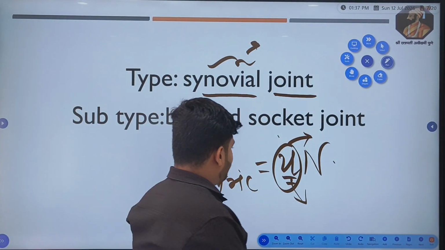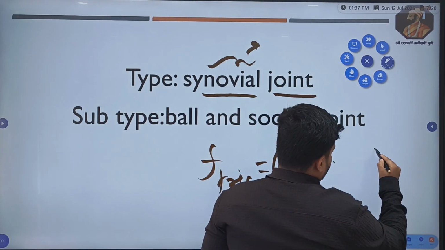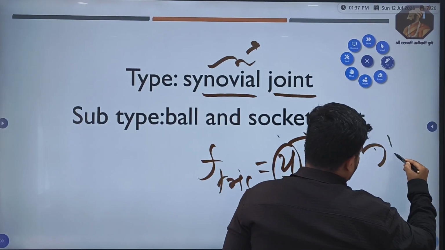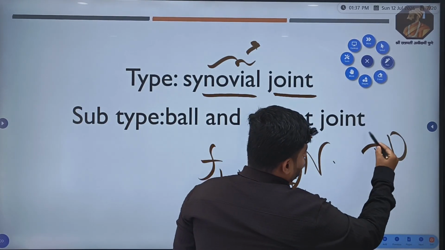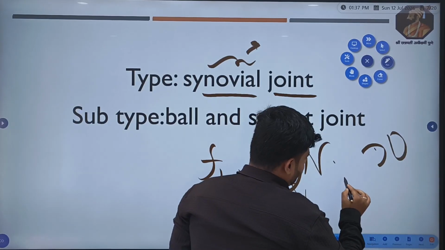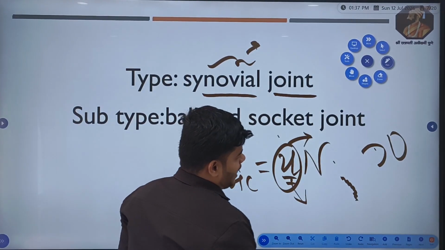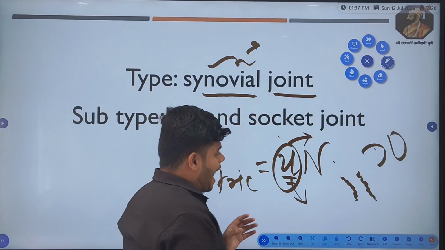Wherever there are two surfaces, let us consider a joint. This is the head of the humerus and this is the glenoid cavity, right? When we zoom in under a microscope, as the bone is present, there will be a rough structure over here, and here too.